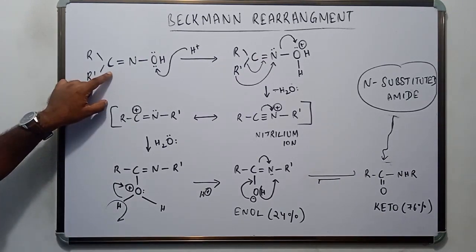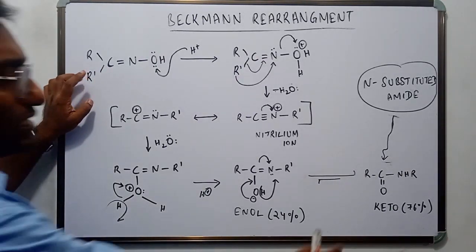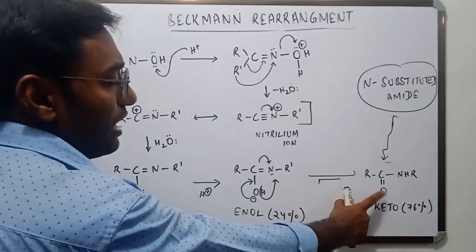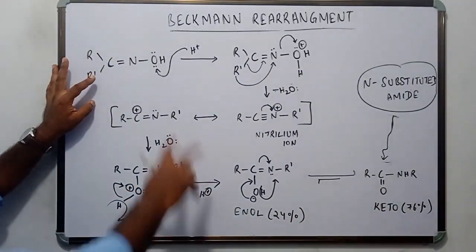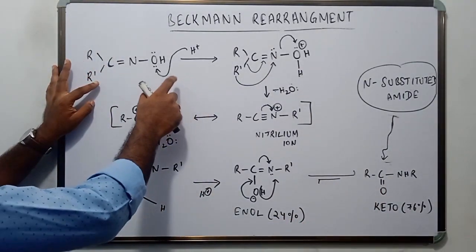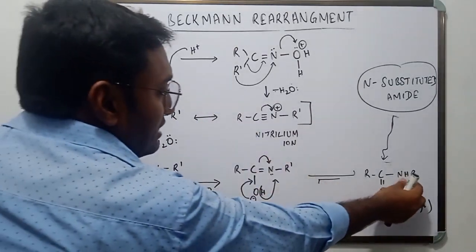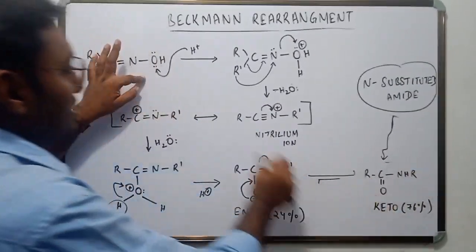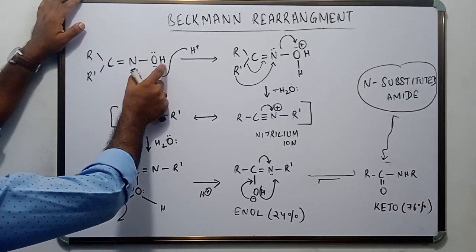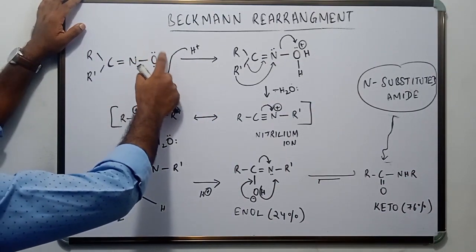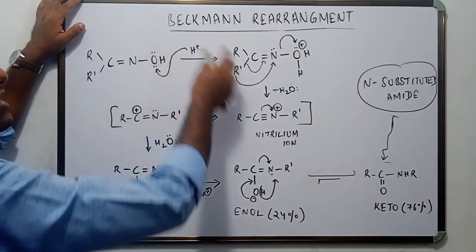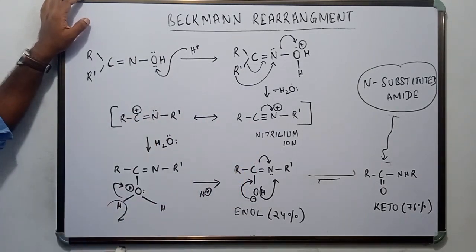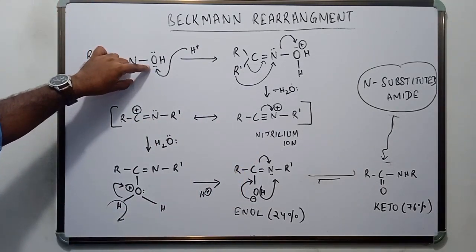This is the ketoxime and this is the N-substituted amide. So what is there in the end product is an N-substituted amide. Here you are seeing that a hydroxyl group is attached. So we need to remove this hydroxyl group, but it is very difficult to remove this oxygen. You know why?